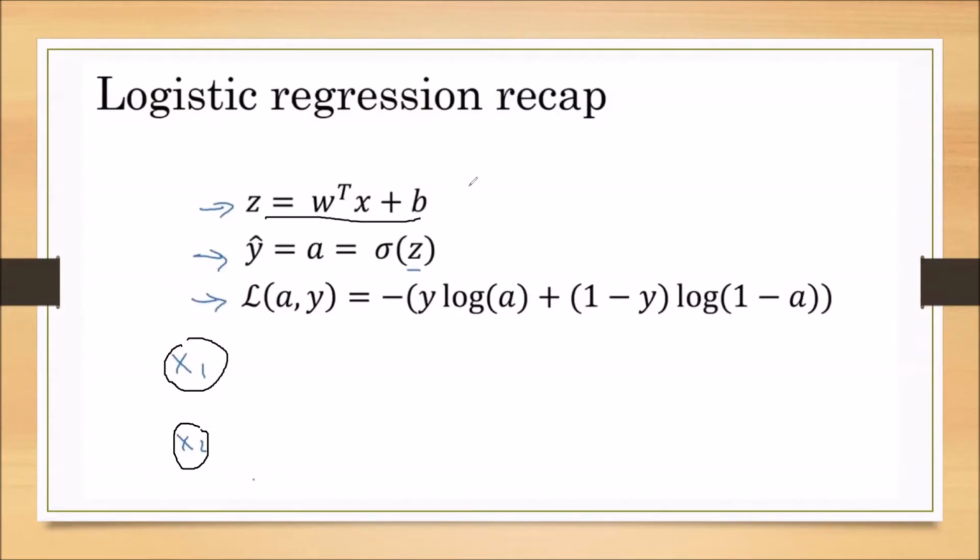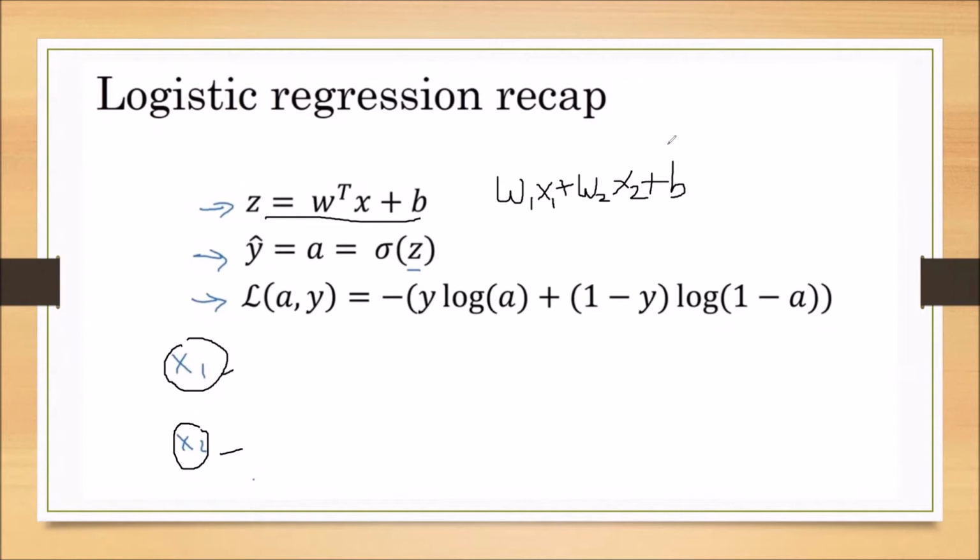Because we have two features, we can express this z with two parameters, that is w1 x1 plus w2 x2 plus b. This b is like theta naught we discussed in machine learning.